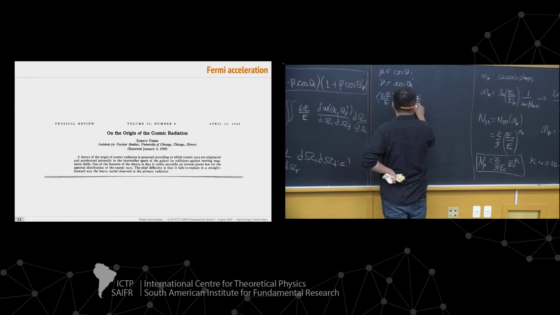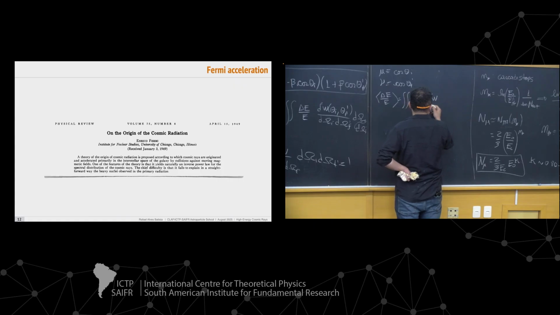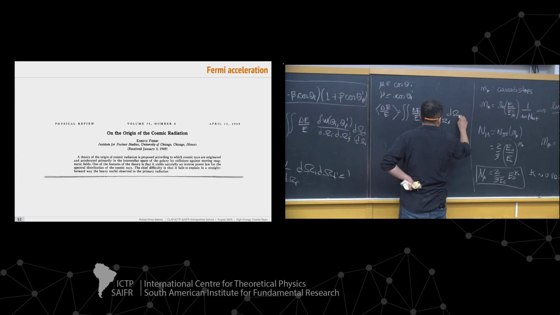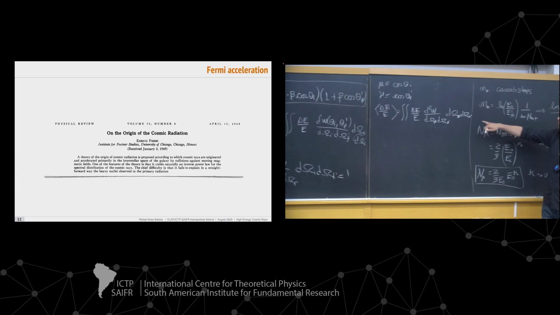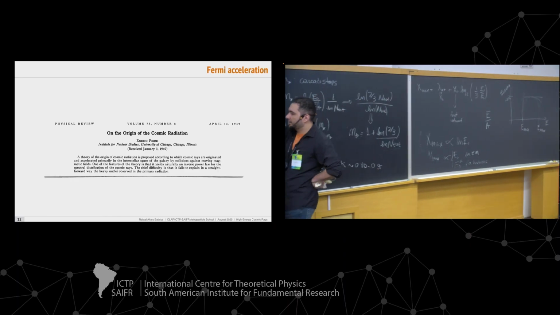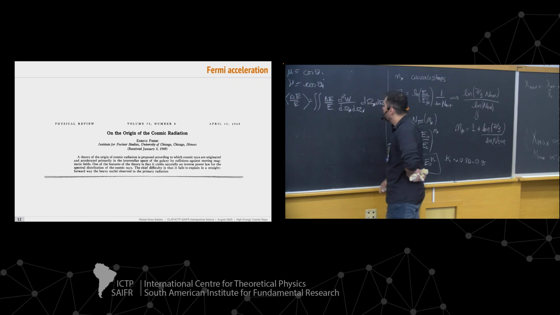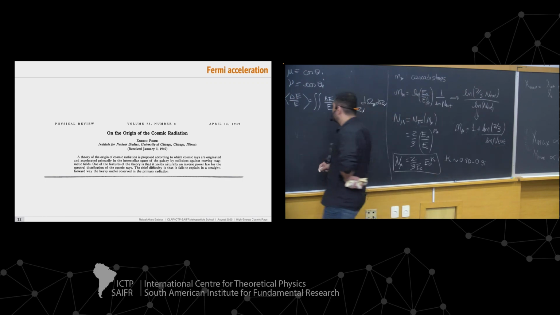Delta E. Okay, this is what we want to calculate. This is a probability distribution function, such that if we integrate it, it's 1. Now we need to find this.